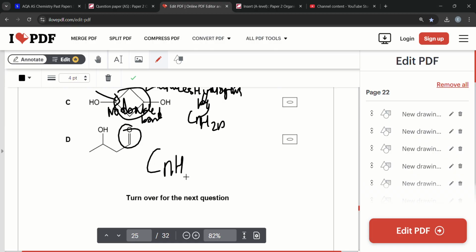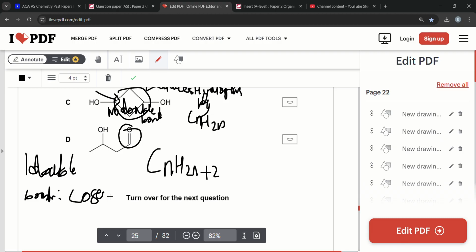So this CnH2n+2, because it's got 1 double bond, therefore loses 2 hydrogen atoms, so it becomes CnH2n.